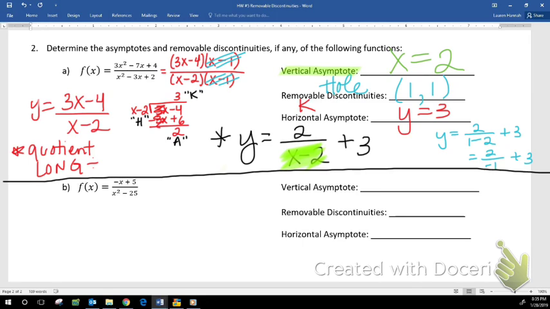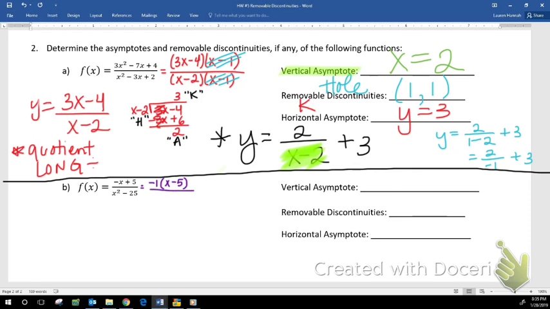The last one I have for us here is part B, and the first question we ask ourselves once again is whether the numerator factors, and it does indeed. What you're going to end up doing is factoring both terms in the numerator. I'm going to factor out a negative 1, and that will make this negative 1 times x minus 5.